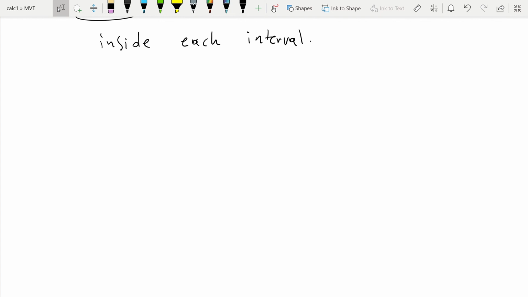So if f double prime is positive, it means that f prime is increasing. If f double prime is continuous, it means that f prime is increasing near a critical point. Since f prime is 0 at the critical point, if it's increasing, the graph of f prime is like this.